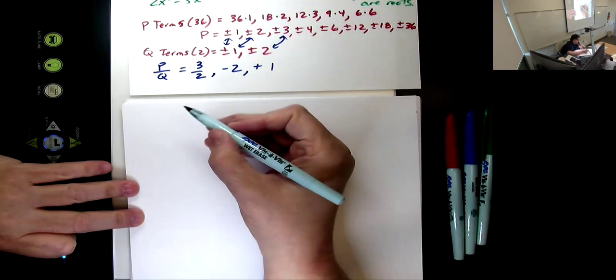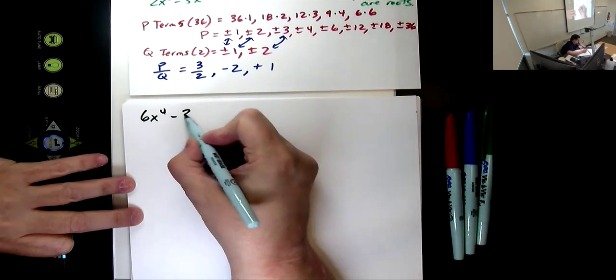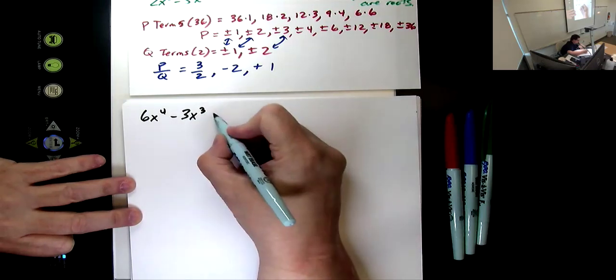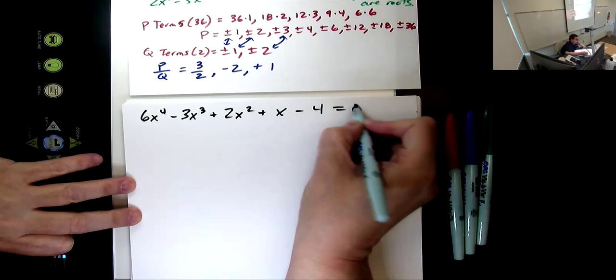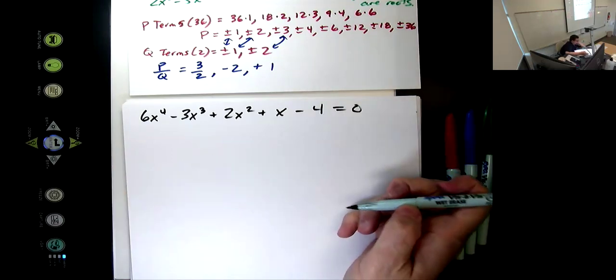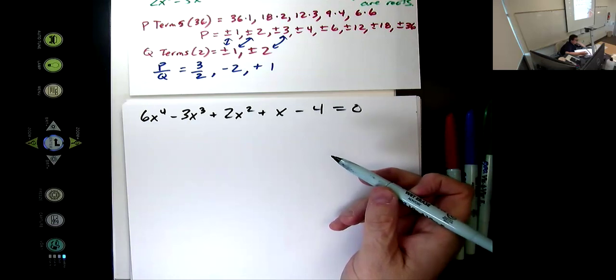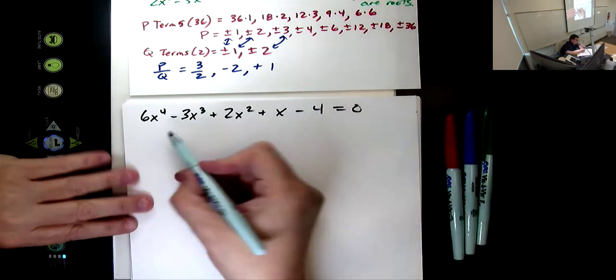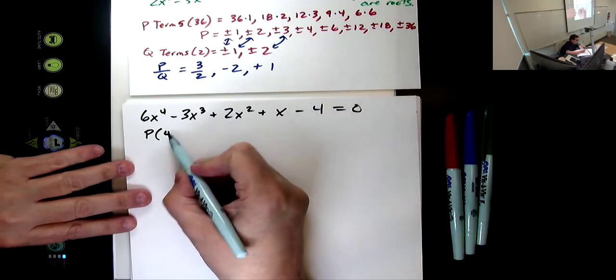Let's start off with a simpler one: 6x to the 4th minus 3x cubed plus 2x squared plus x minus 4 equals 0. My P's come from factors of 4.